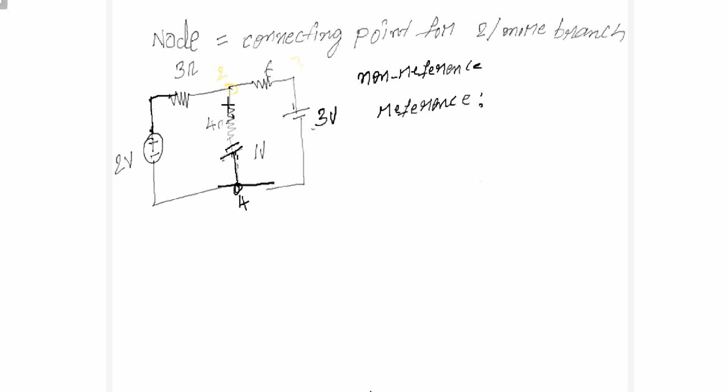To which node is the voltage source connected? Node 4. So I should consider this fourth node as the reference node and the second node as a non-reference node.